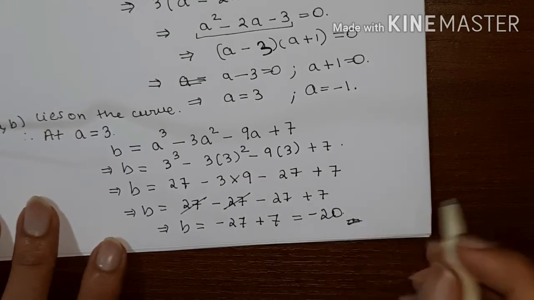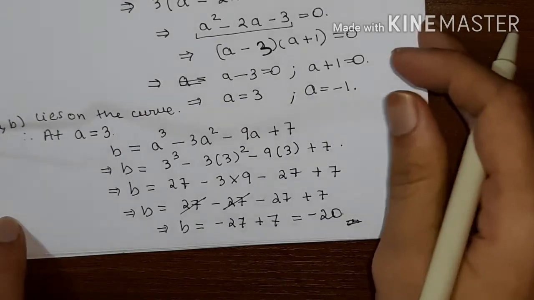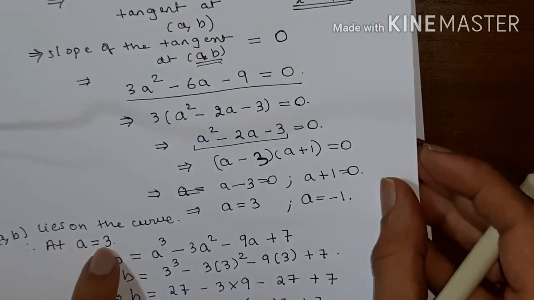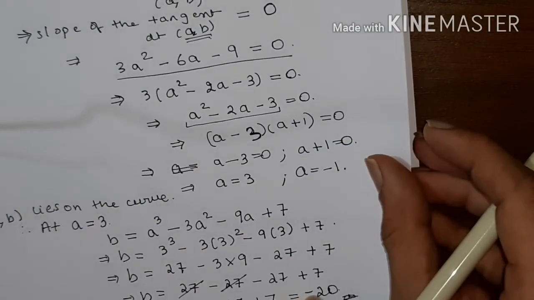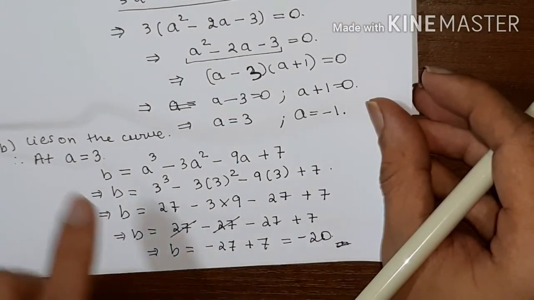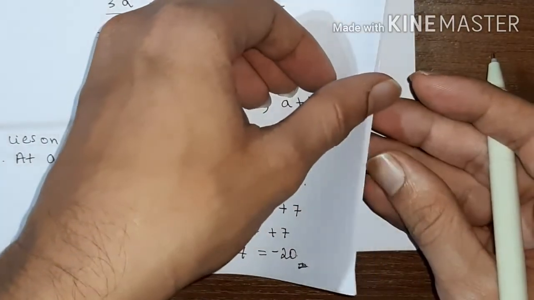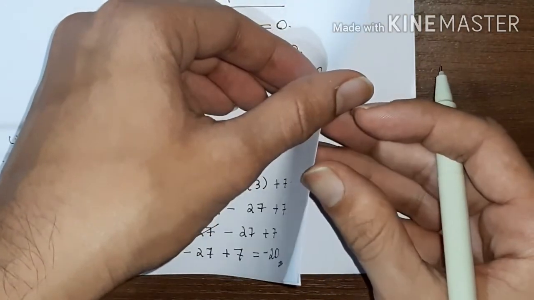So one point we got: when a is equal to 3, b is equal to minus 20. So the point is 3 comma minus 20.